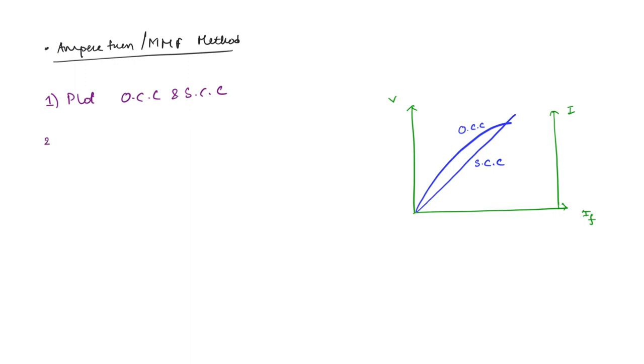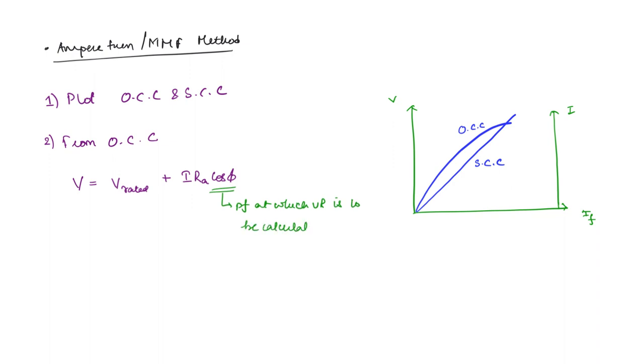The first reading from the open circuit characteristic. We will find out the voltage which is equal to the rated voltage, rated full load voltage plus IRA cos phi. So this cos phi is the particular power factor at which we need the voltage regulation, the power factor at which voltage regulation is to be calculated.